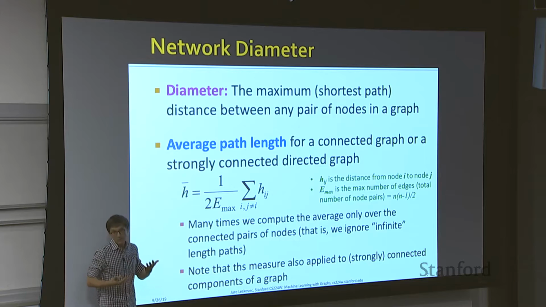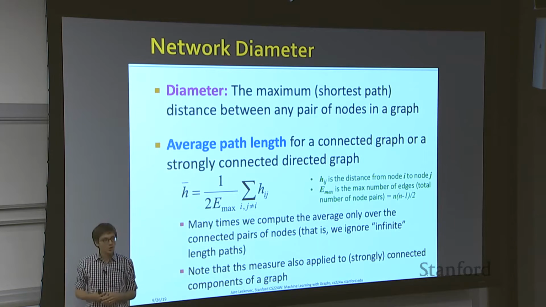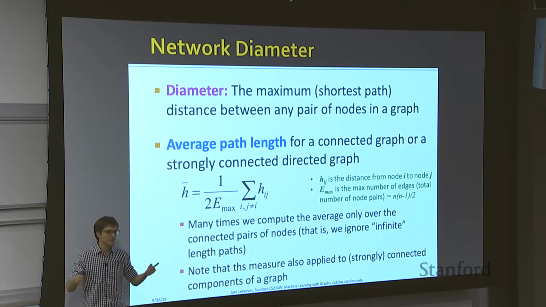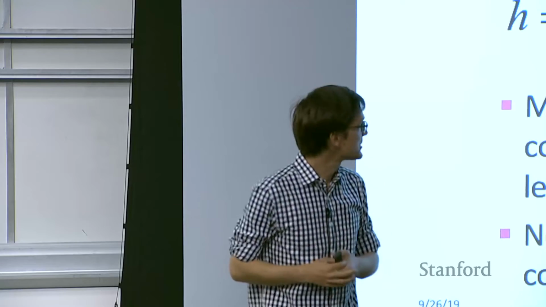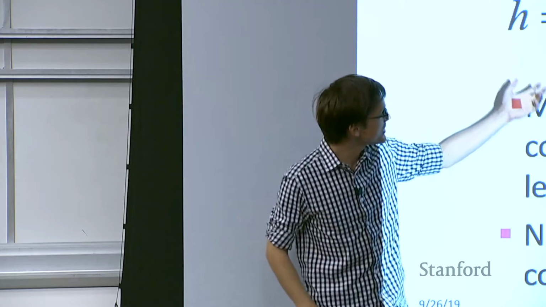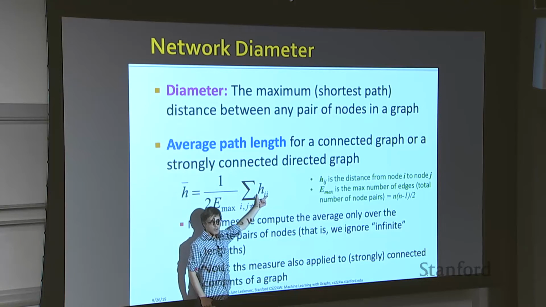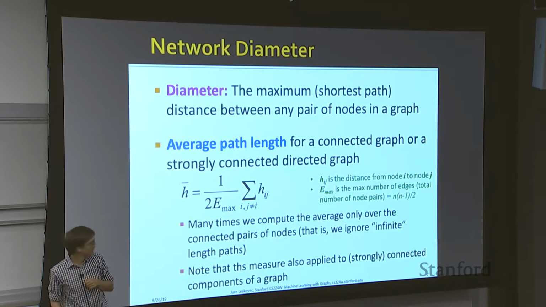So what people prefer to do is, for example, compute the average shortest path length. So this would be, if you pick a random pair of nodes, in expectation, what do you expect the distance to be? So the way you would do this is to say, let me go over all pairs of nodes, ask what is the shortest path distance between that pair, and take the average across all pairs.